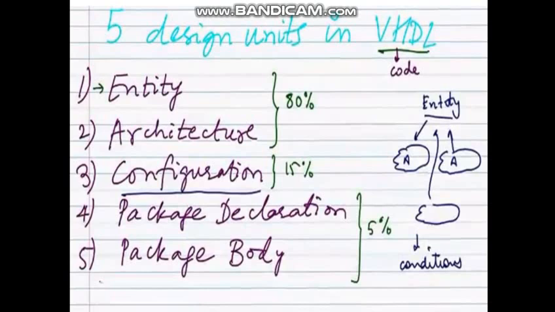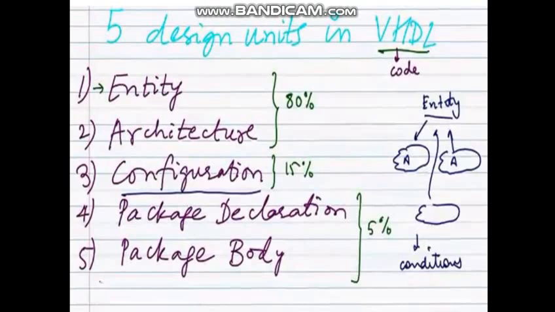The percentage of their use is only 5% in the VHDL language, but they also play a very important role. Most of the time, package declaration and package body are used while writing the largest programs. Whenever a design is very complex or critical, at that time package declaration and package body are used most.